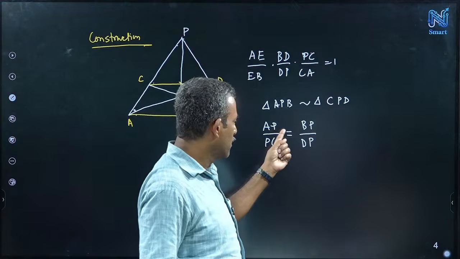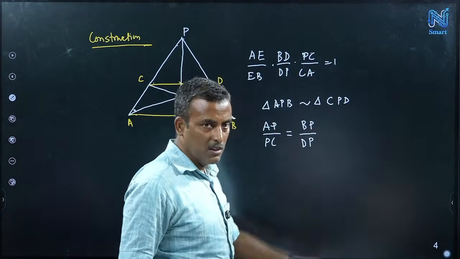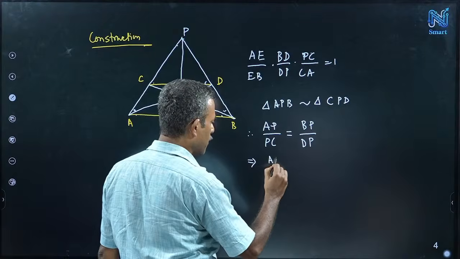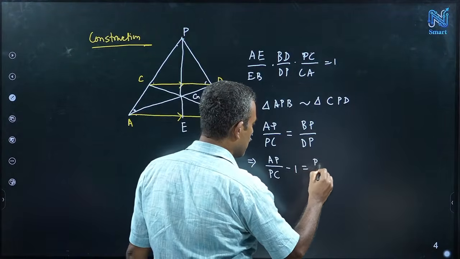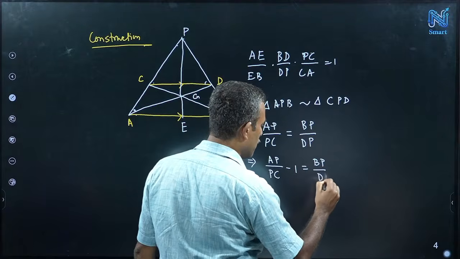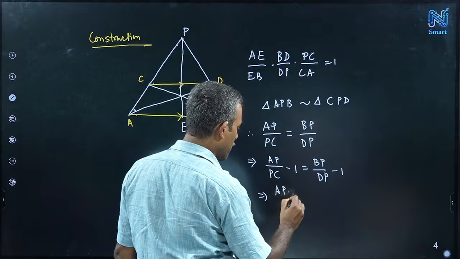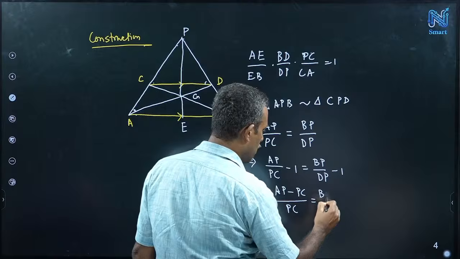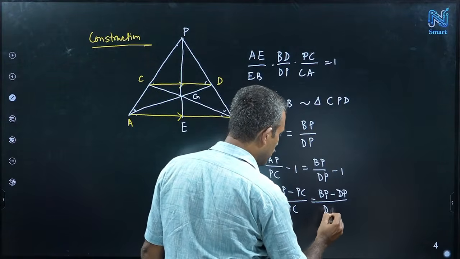Now subtract 1 from both sides. AP by PC minus 1 is the same as BP by DP minus 1. So AP minus PC over PC is the same as BP minus DP over DP.